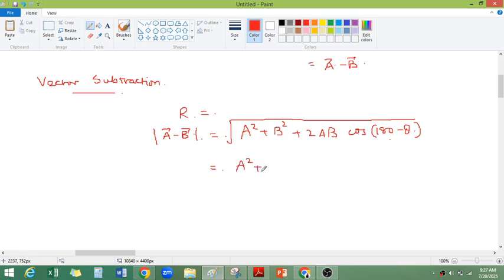So A squared plus B squared plus 2AB cos 180 minus theta. 180 minus theta, 180 is here, theta is here. So that means 180 minus theta will be second quadrant. Second quadrant cos is negative. So that means we say it will be minus cos theta. So from your trigonometry in maths, you should know this.